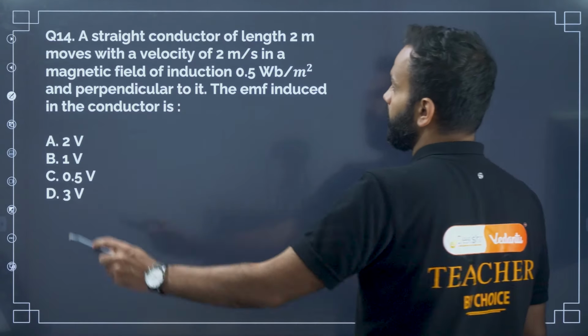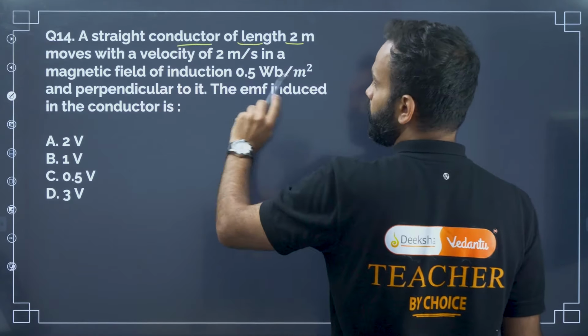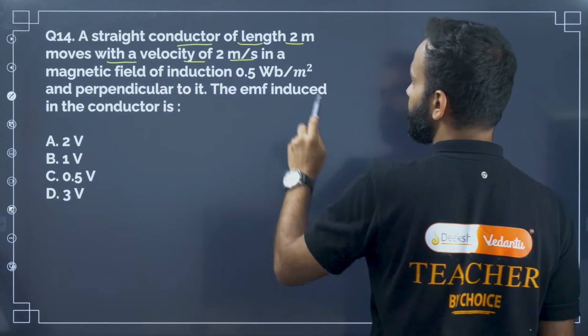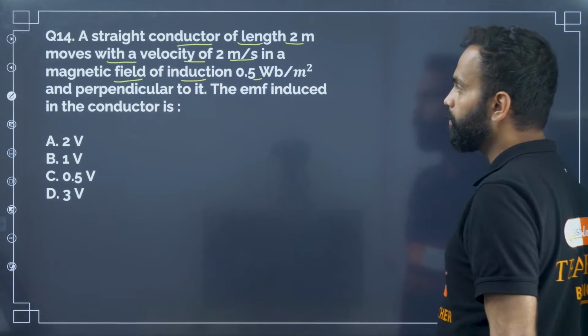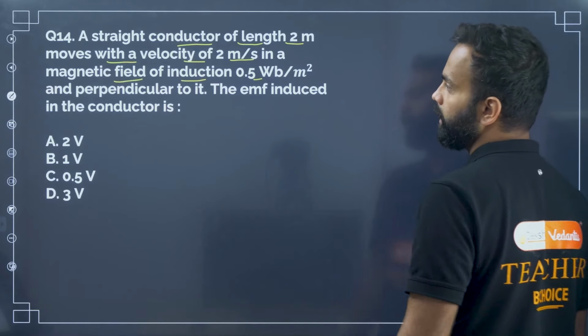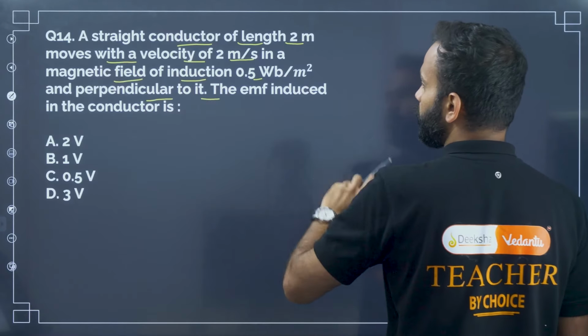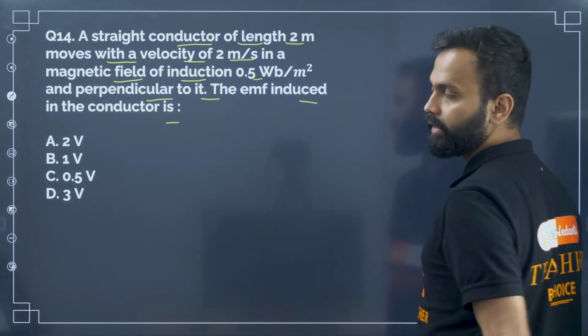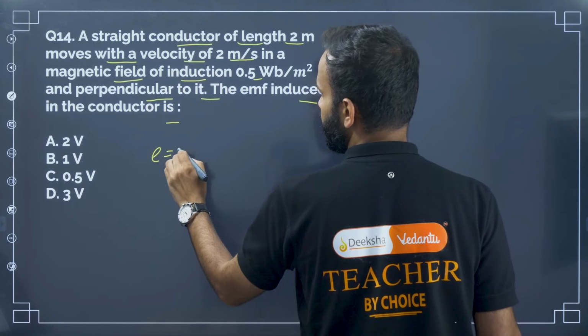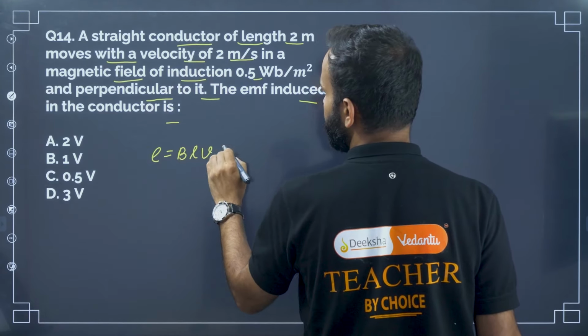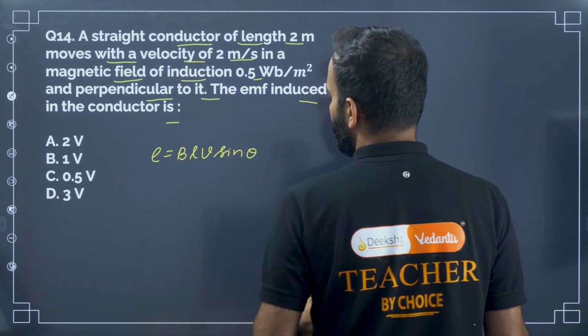Question number 14. A straight conductor of length 2 meter moves with a velocity of 2 meter per second in a magnetic field of induction 0.5 Weber per meter square, perpendicular to it. Find the EMF induced in the conductor. Here it is the motional EMF, right? E equal to B into L into V sin theta. What is theta?